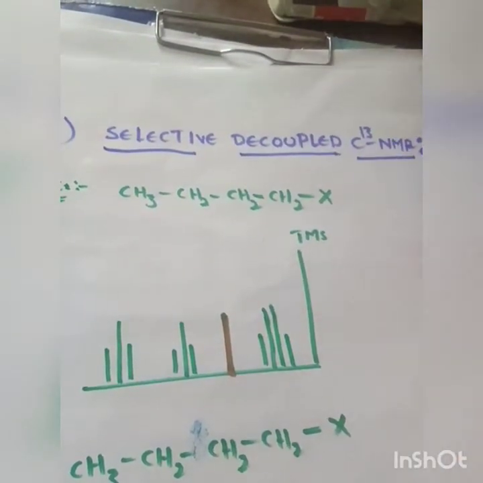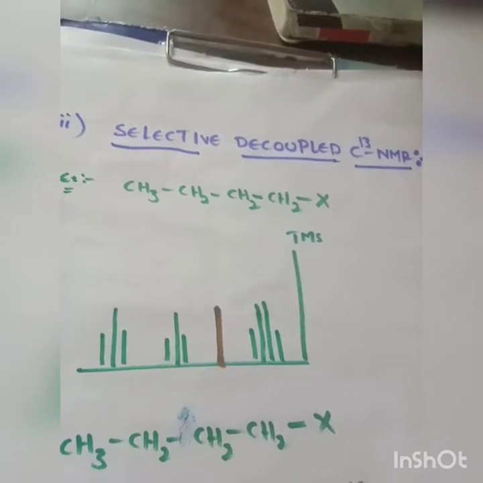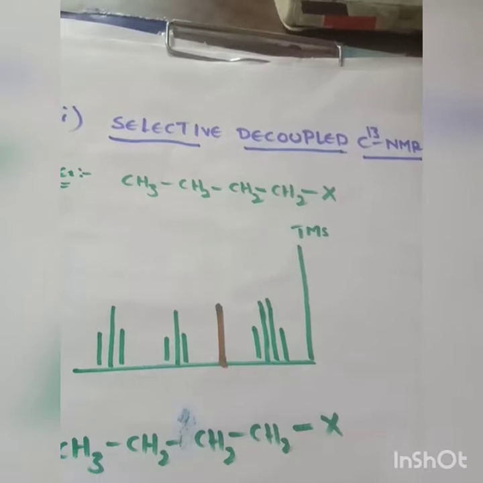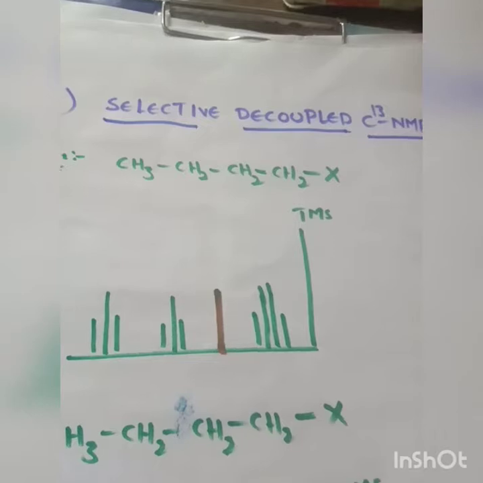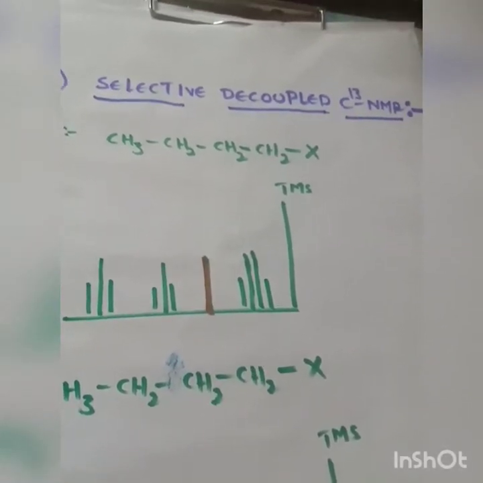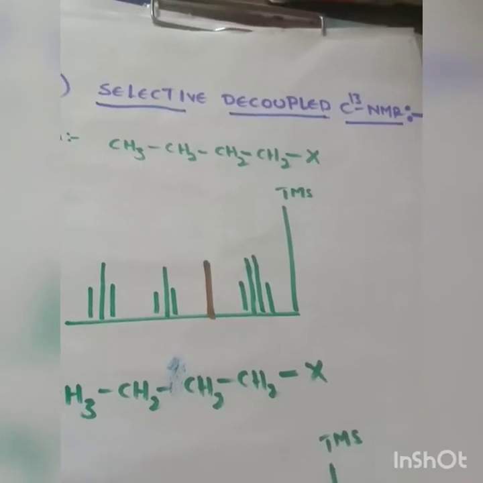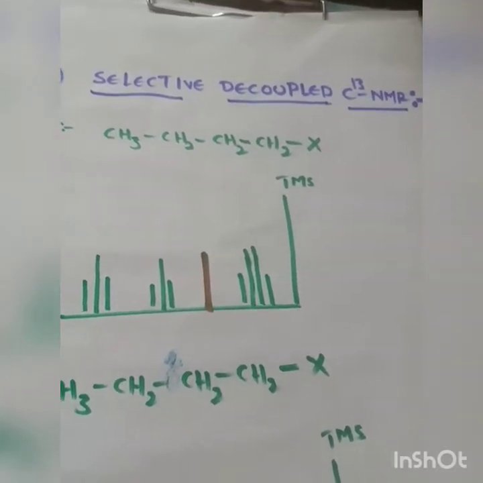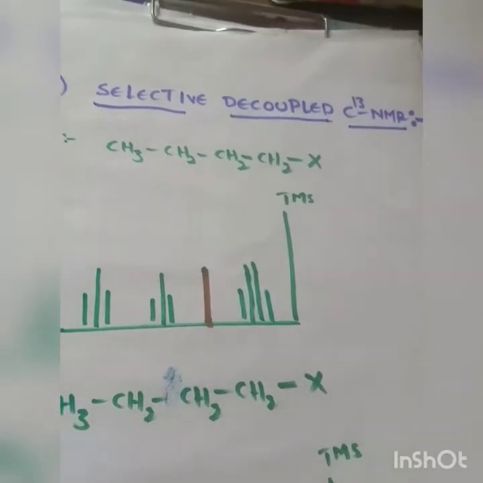These three types of C13 NMR are very important for your exam. Two types I already explained completely, and here is the third one, selective decoupled C13 NMR. In this, in an organic compound, any one of the carbon and hydrogen coupling is eliminated.